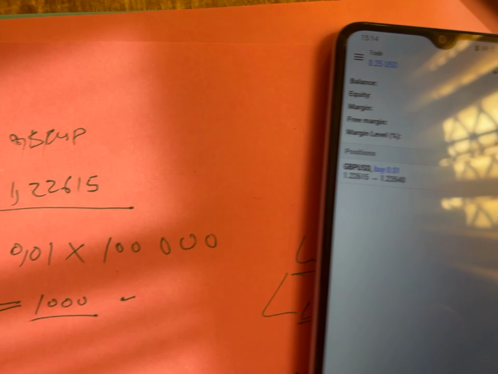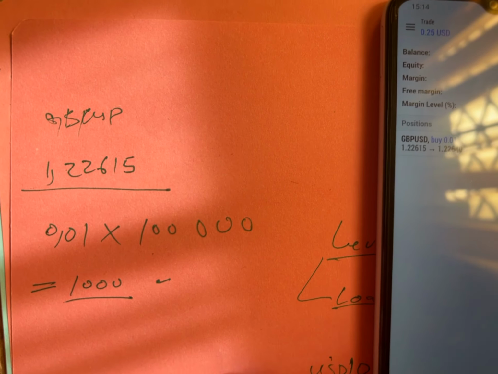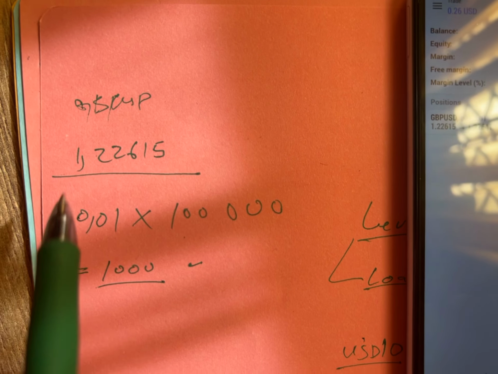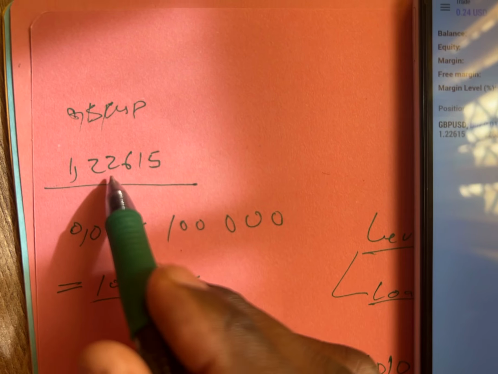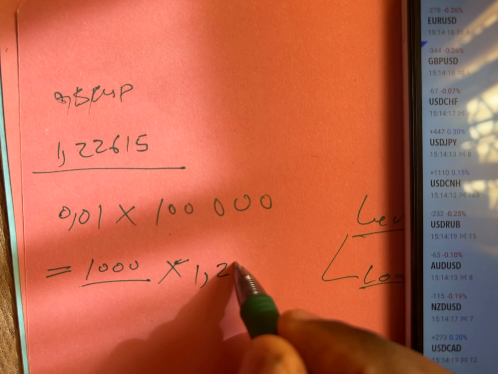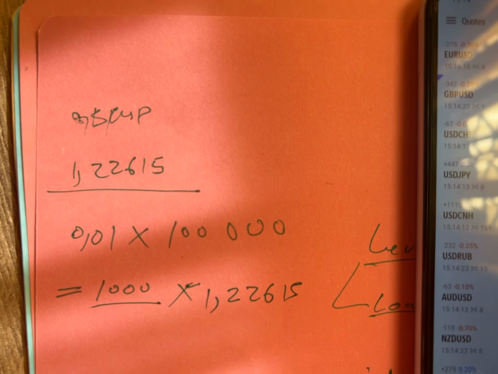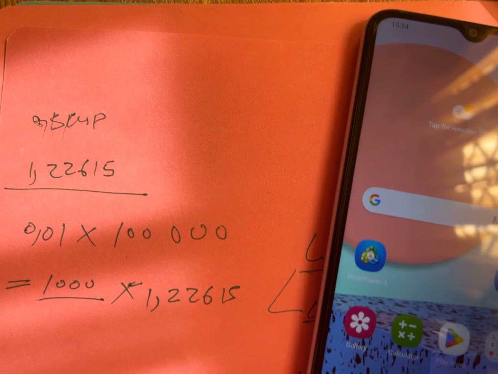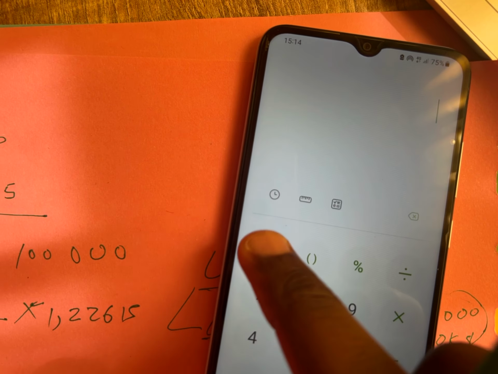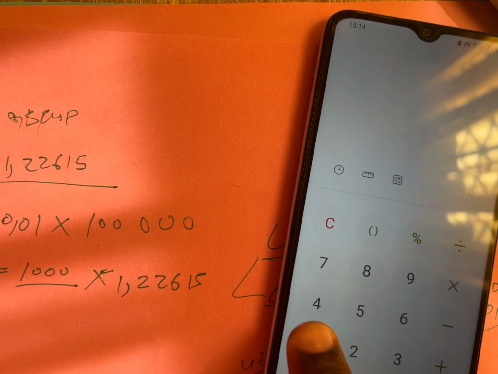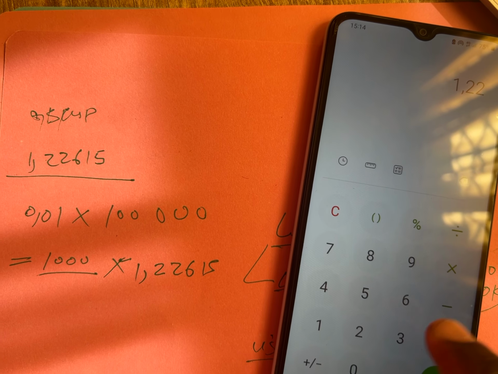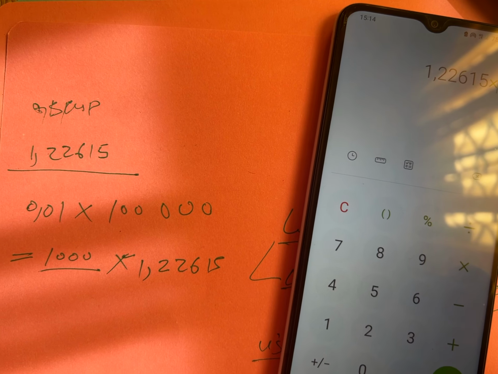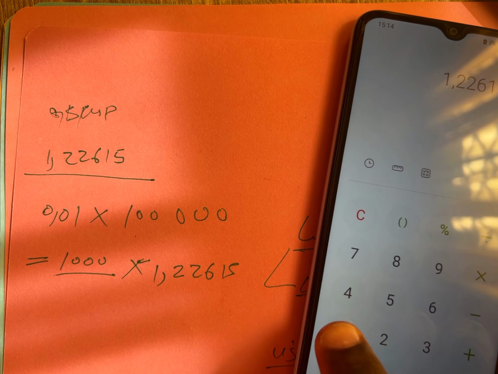Now, this is the most interesting part to see how expensive Forex can be. If you take this and multiply by the price where you placed the buy, use your calculator here. Let's count together: 1.22615 times 1,000.